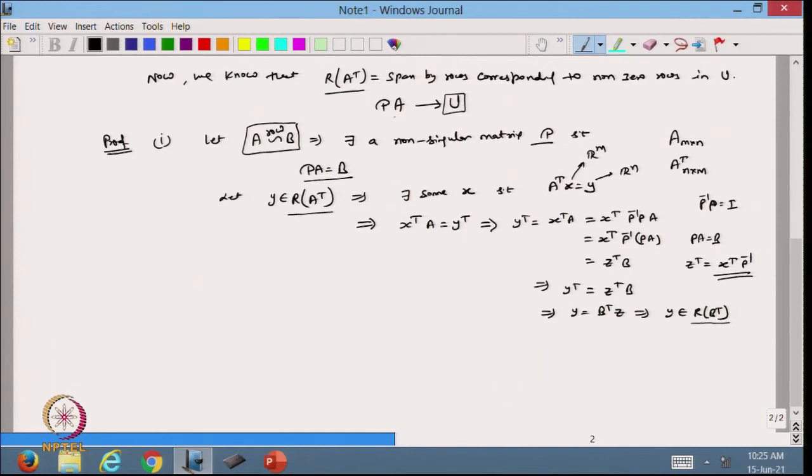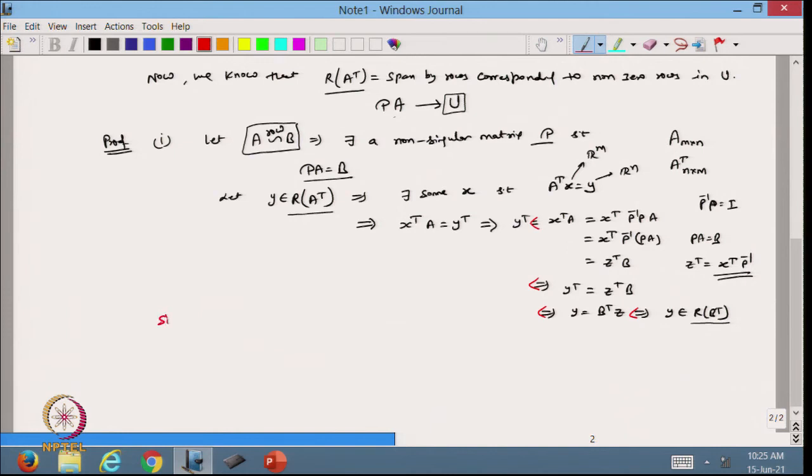In the same way, I can take y and move in the opposite direction, going back the same way, and from there I can show that y belongs to the range space of A transpose. So, if A is row equivalent to B, then we have shown that the range space of A transpose is equal to the range space of B transpose. The converse is also true.